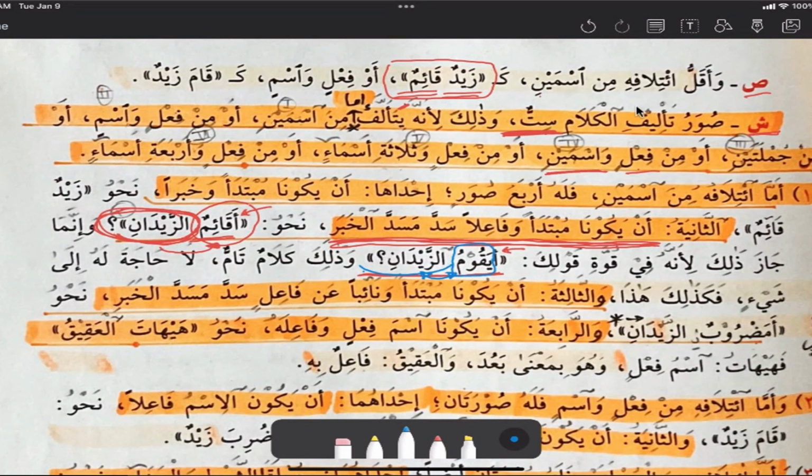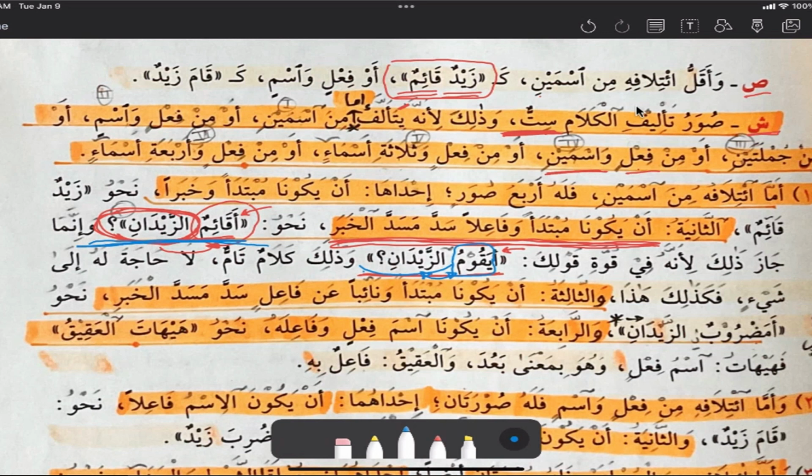لَا حَاجَةَ لَهُ إِلَى شَيْءٍ. This sentence doesn't need anything more. It's complete by itself. This composition doesn't need more to be informative. فَكَذَلِكَ هَذَا. And likewise, our original example here, أَقَائِمٌ الزَّيْدَانِ, that's a complete sentence.